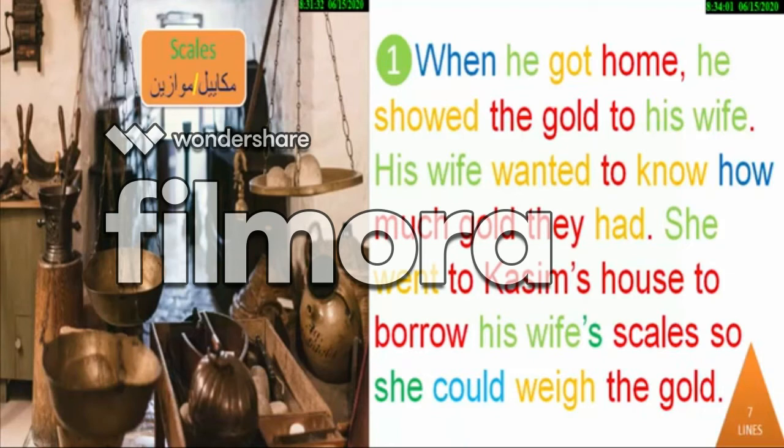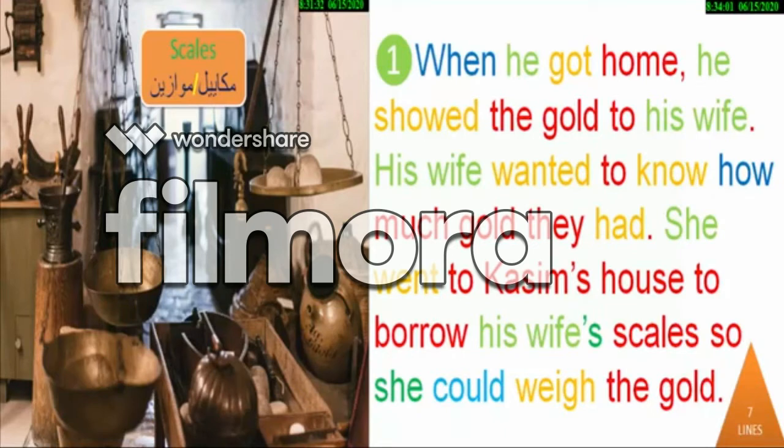Had, it is the verb to have in the past. إذا repeat again. When he got home عندما وصل he refers to علي بابا. When he got home عندما وصل إلى المنزل he showed the gold to his wife. أظهر أو أرى أو عرض الذهب على زوجته.